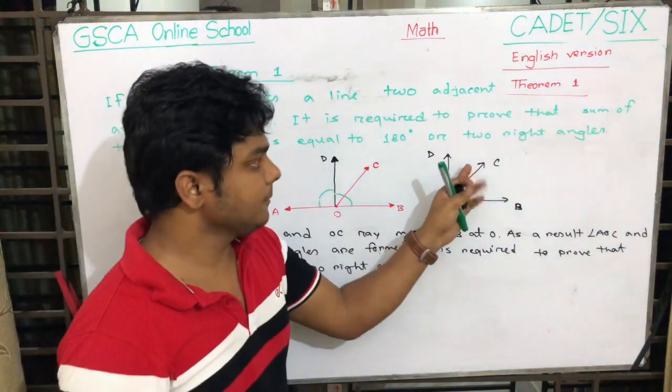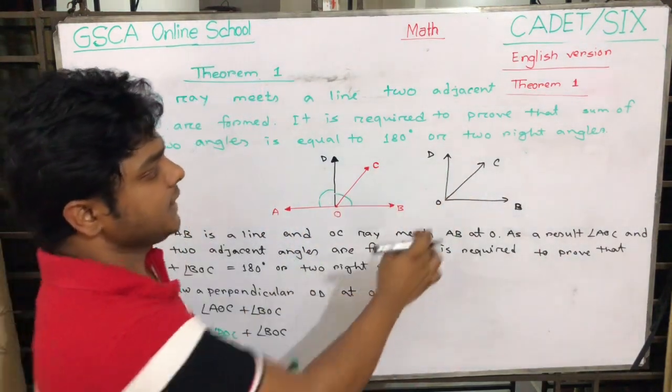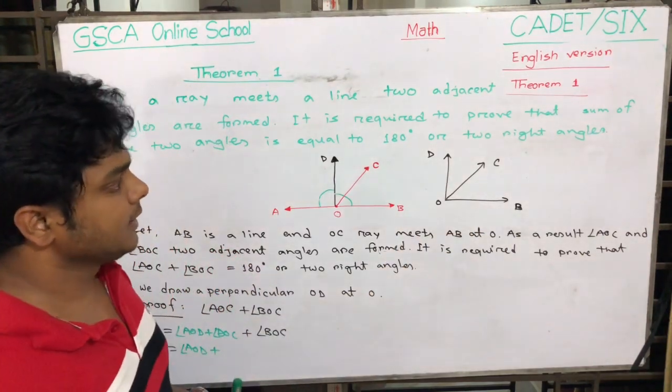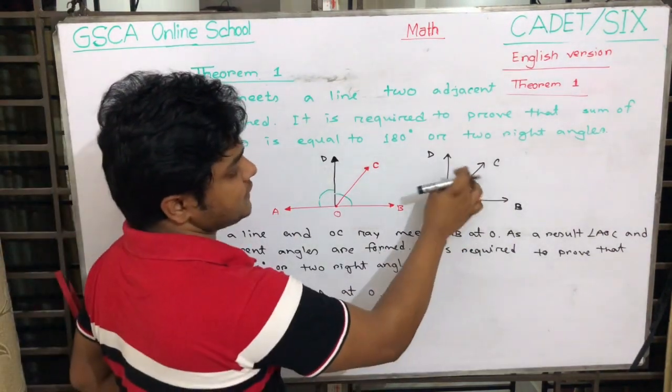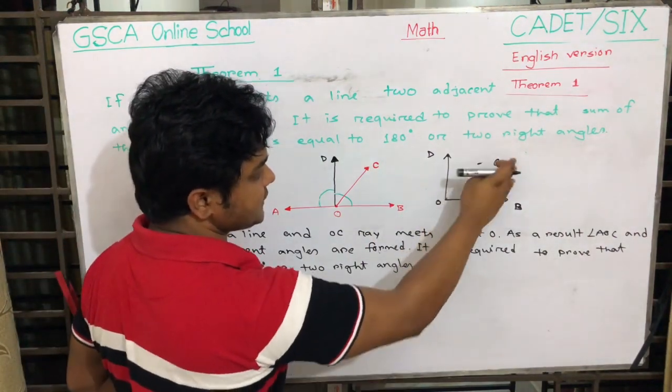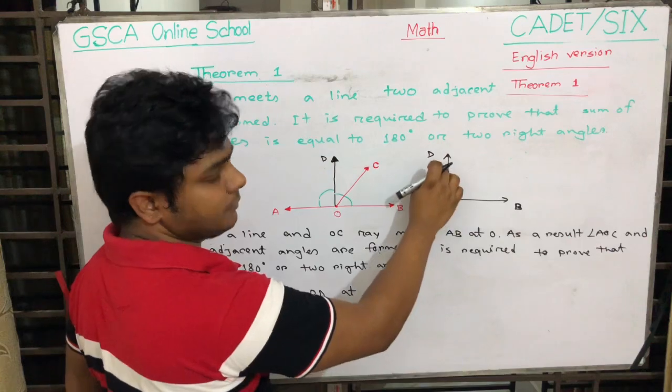If we want to combine these two angles, just remove this OC, then what is the name? BOD.